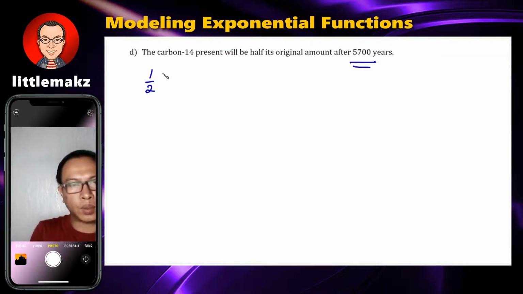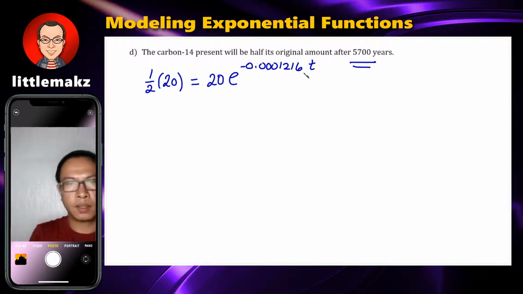Means that your 20 will just become 1/2, and that is still 20 times e raised to the negative 0.0001216 t in that case.